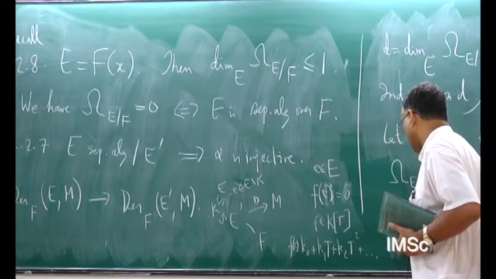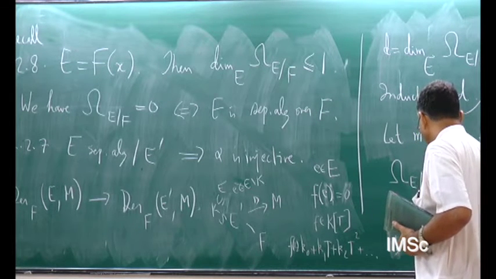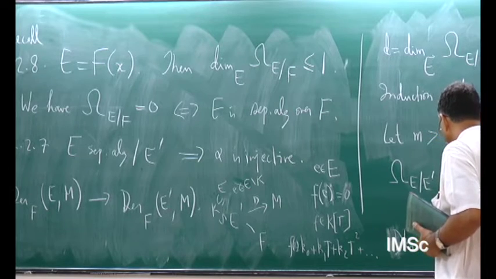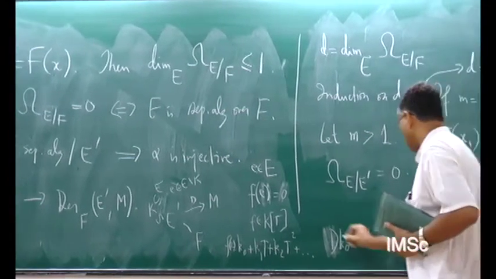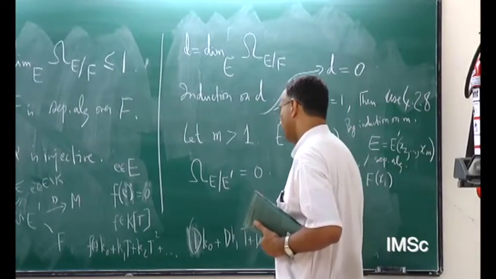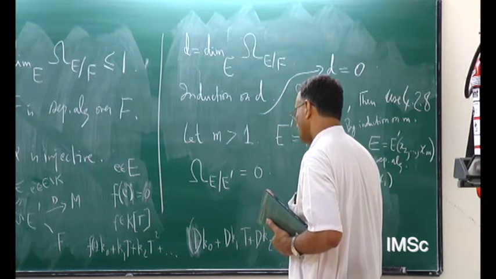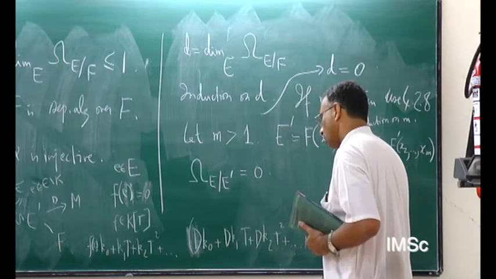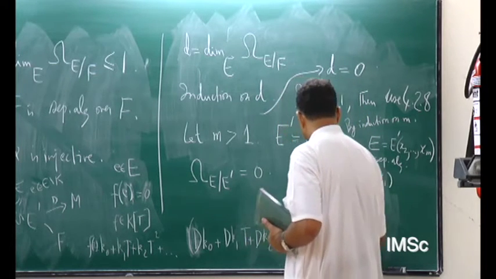So I take dK0 plus dK1 t plus dK2 t square plus dot dot dot, that's one part, plus you have an F prime of T dT.